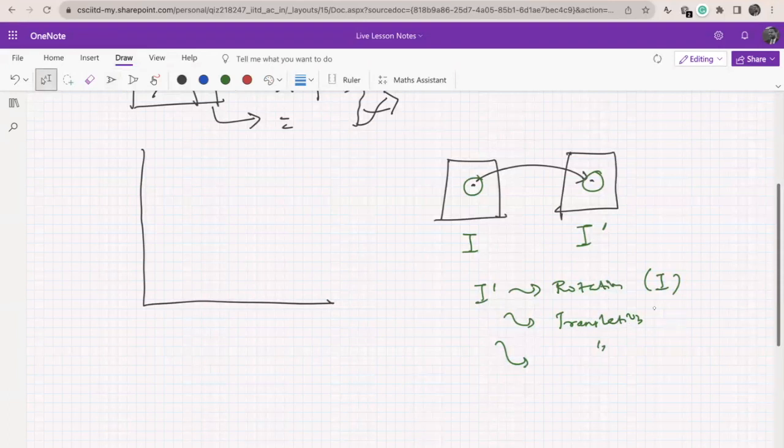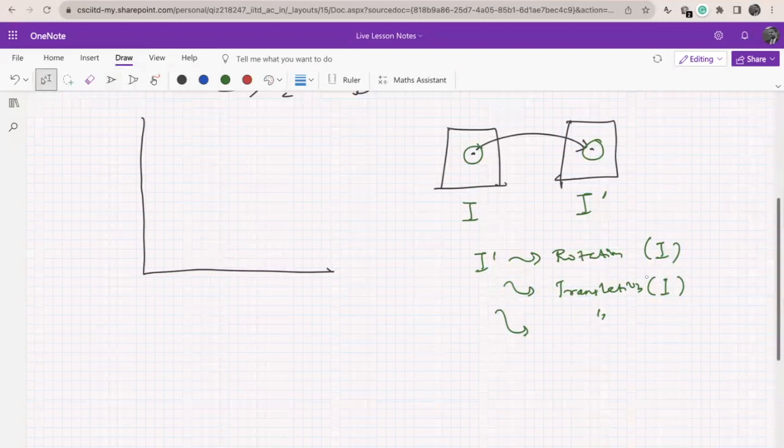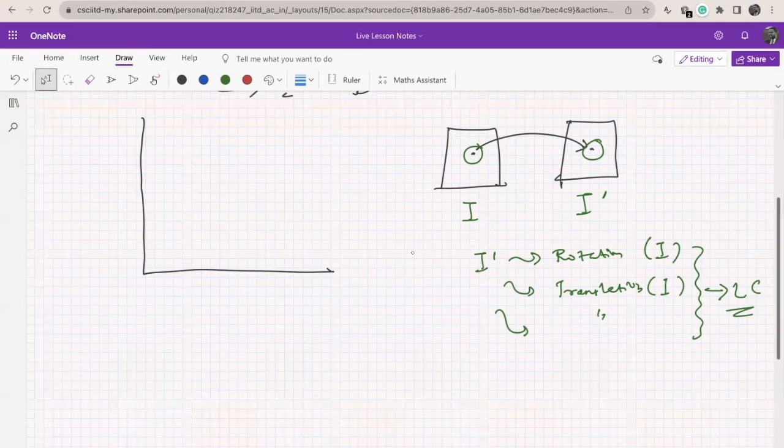Okay. And the interesting thing is that it can be a linear combination of all these things as well. This image I dash can first be translated in the direction of x, then rotated, let's say by theta angle.